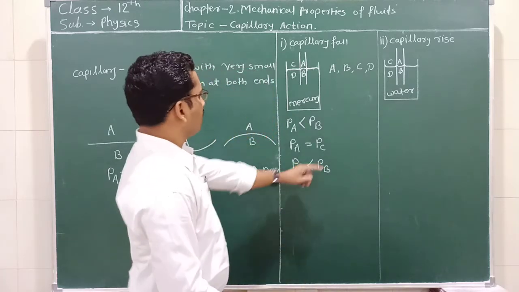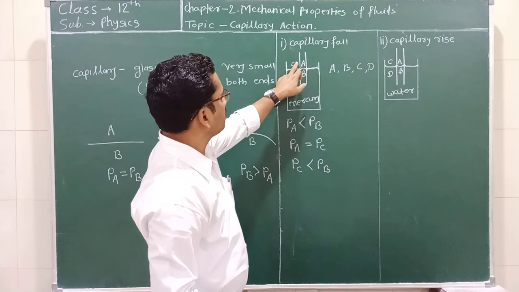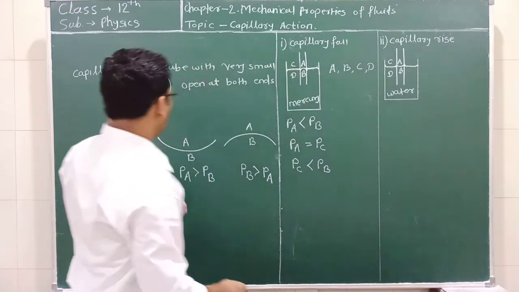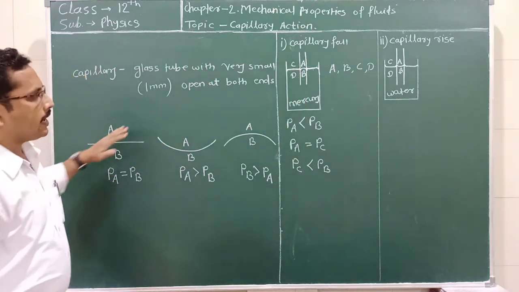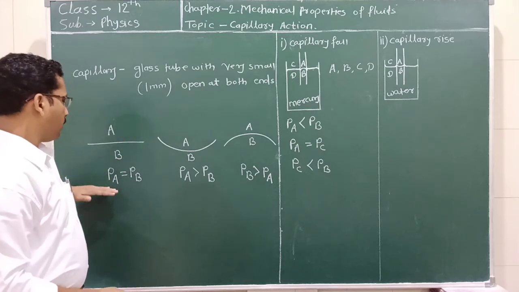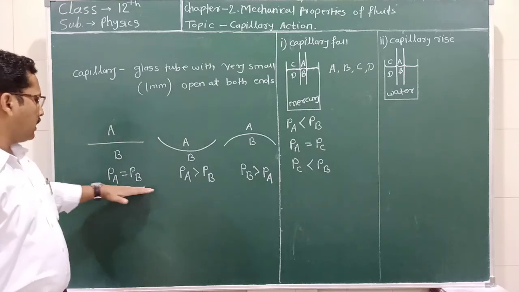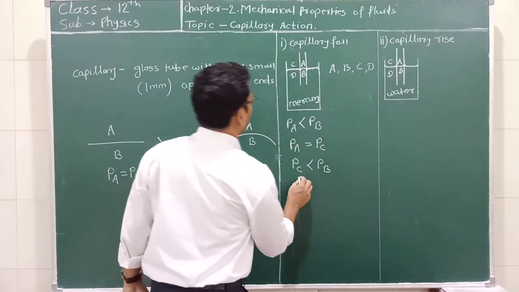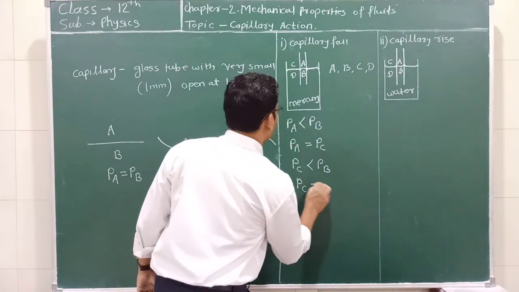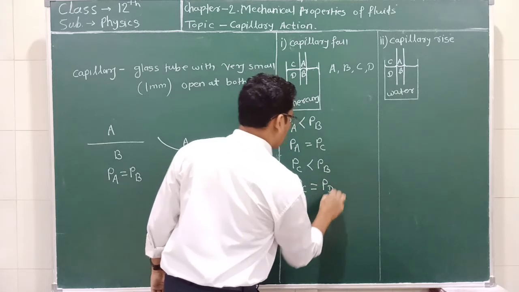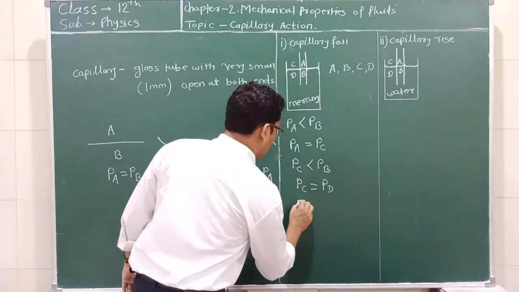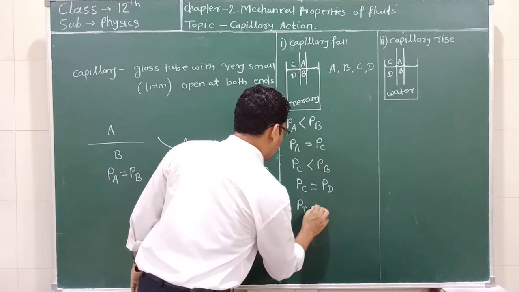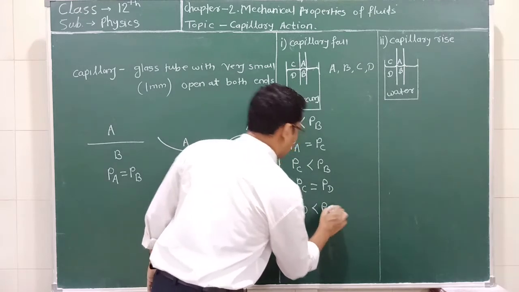Now, take points C and D. These points C and D are on either side of the plane surface, and we know the pressure relation. The pressure on either side must be equal. So we can write here PC is equal to PD. So we can write here PD is less than PB.